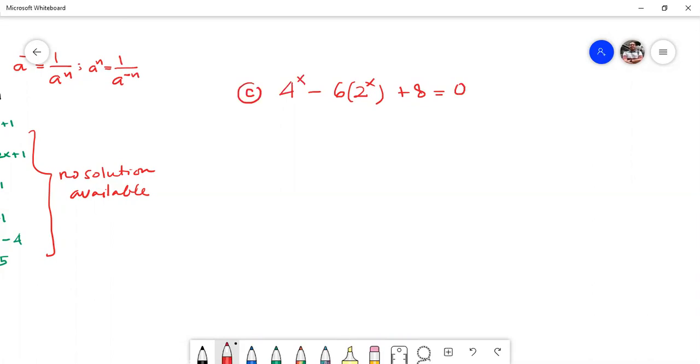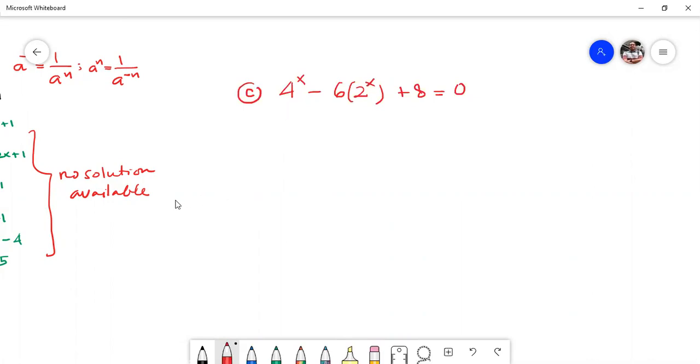Why did we have this kind of problem? So actually we still use the same concept. Okay, so look at this. We have 2 to the power x here, and the way that I'm using to deal with this problem is I try to make the first term of this equation, which is 4 to the power x, become 2 to the power of something.